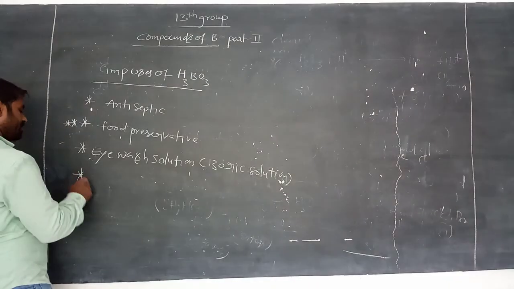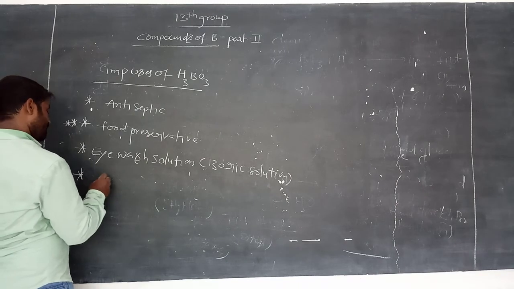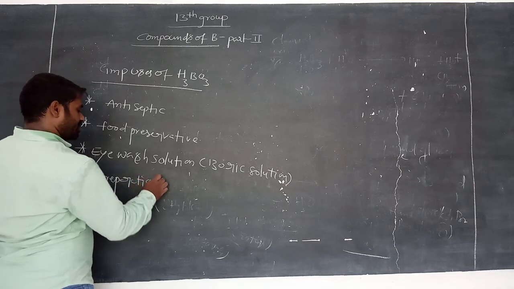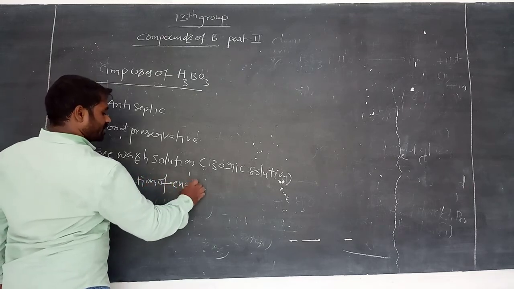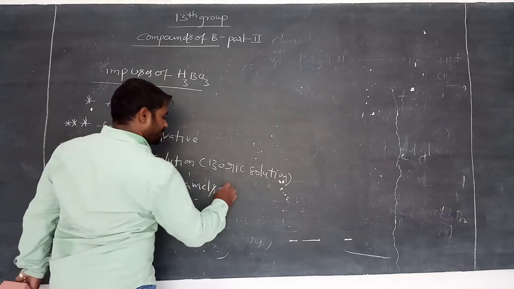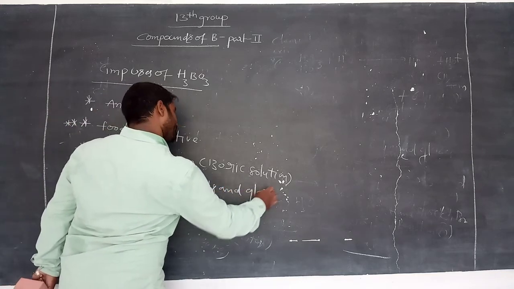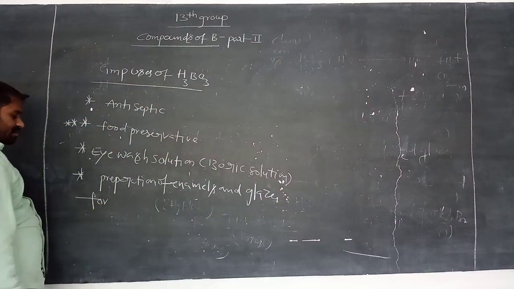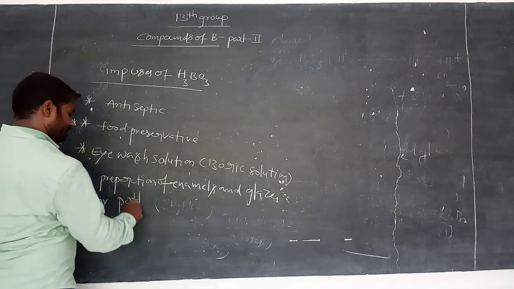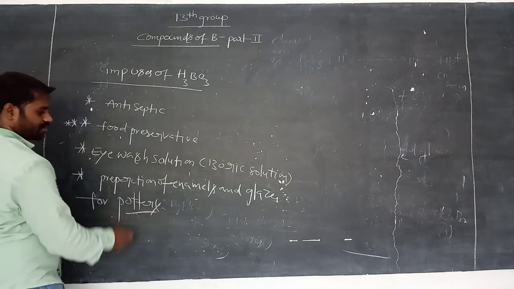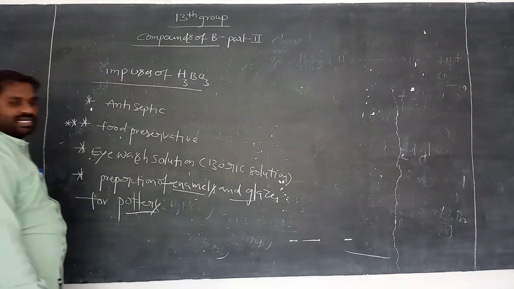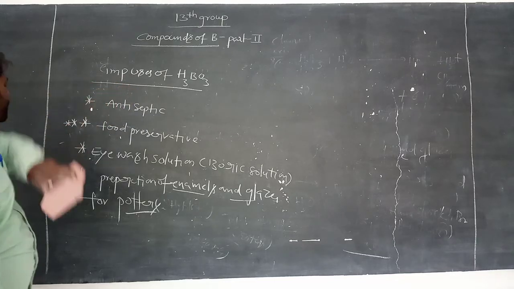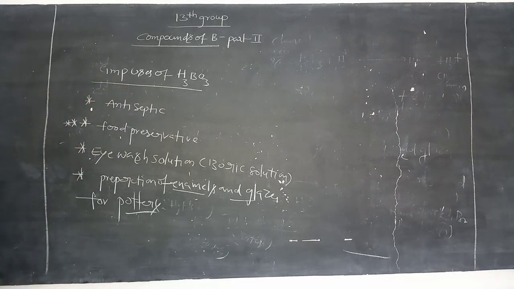Okay, and it is used for the preparation of enamels and glazes, glasses for pottery. Okay. So these are the important uses of boric acid.